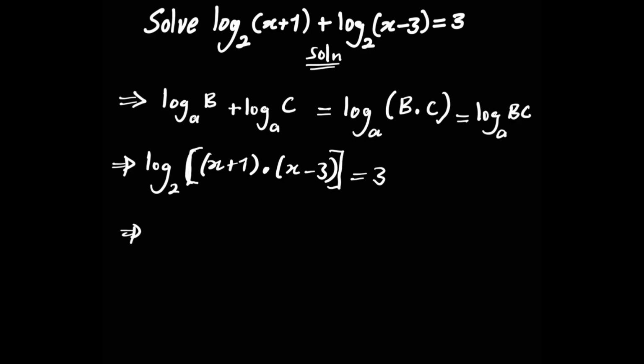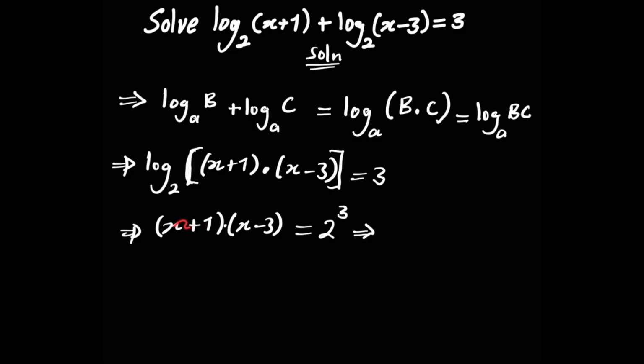We are going to have the inside here, that is (x plus 1) into (x minus 3), between them is a multiplication, of course, is equal to this base 2 raised to the power of this number 3. Let's carry out this expansion.